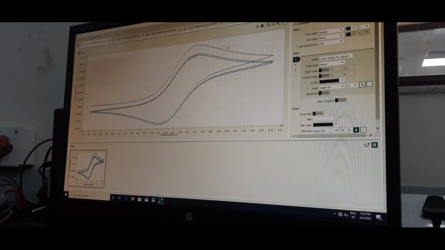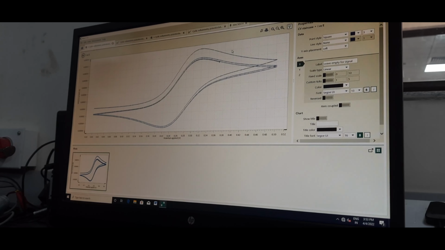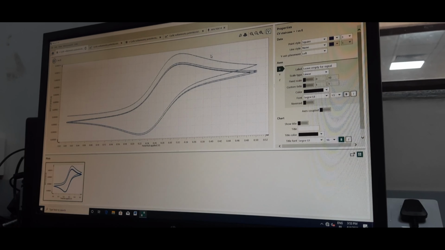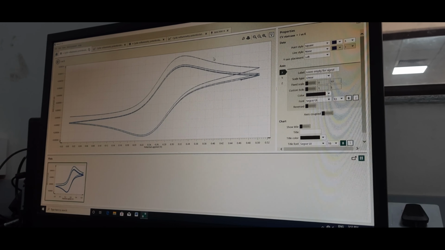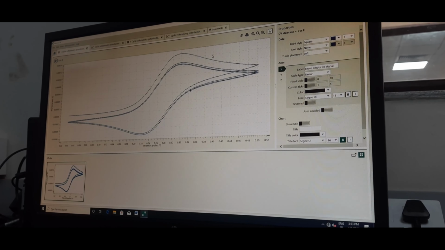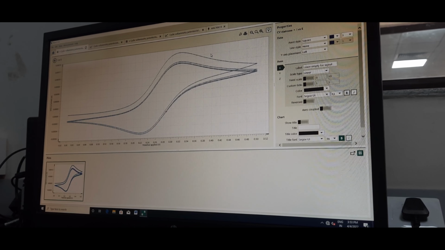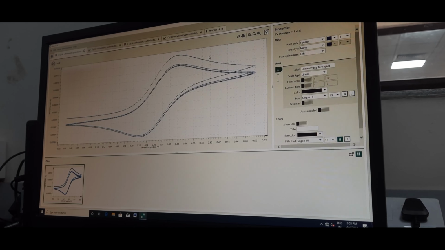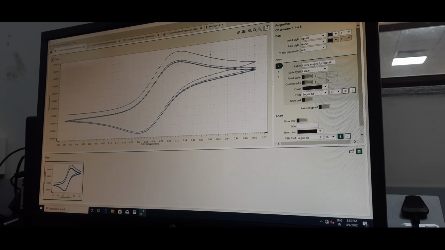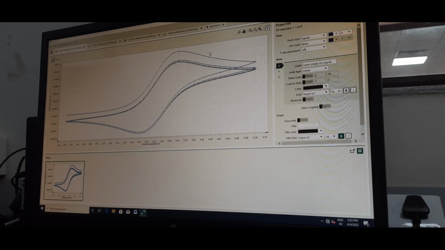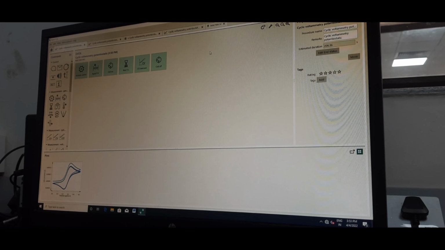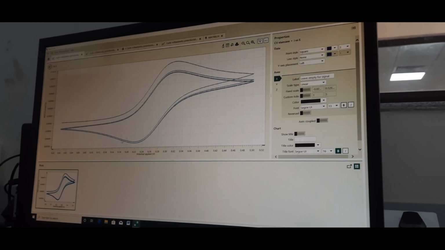It is almost nil. Okay, this was a cyclic voltammogram curve. Okay, so this is your curve.